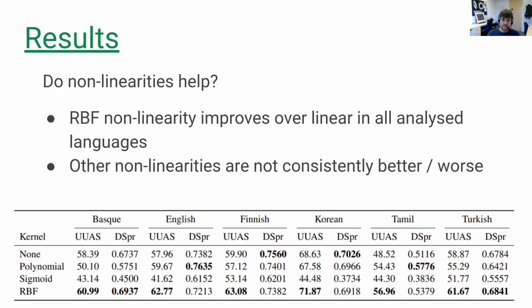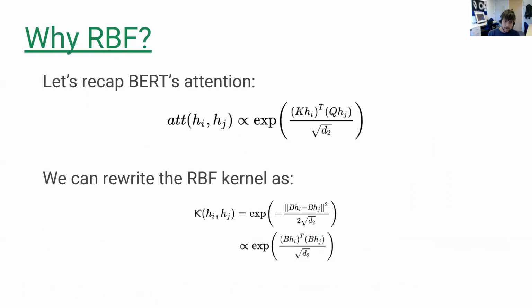What this tells us is that it's not only the nonlinearity that is allowing these RBF kernel probes to do better than the linear ones, but it should be something about the shape of the function that they represent themselves. So we can dive in more on what the RBF kernel is. And before that, let's recap what BERT's attention is.